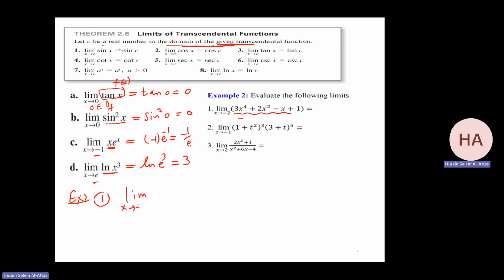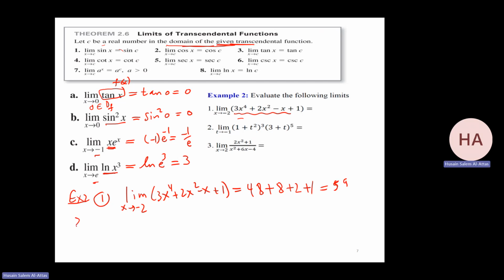Since it's a polynomial, you can do the calculation quickly. Be careful. 3 times minus 2 to the power 4, 3 times 16, that is 48. Here 4 plus 8, 4 times 2, minus 2 is plus 2, plus 1. That will be 11 plus 48, which is 59.